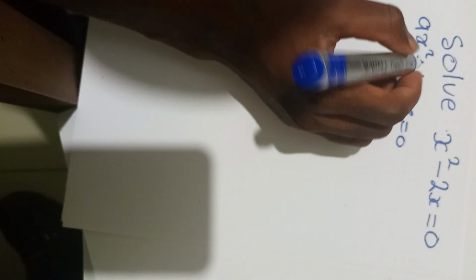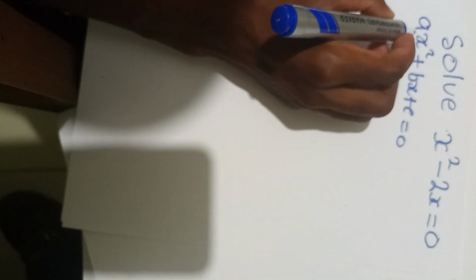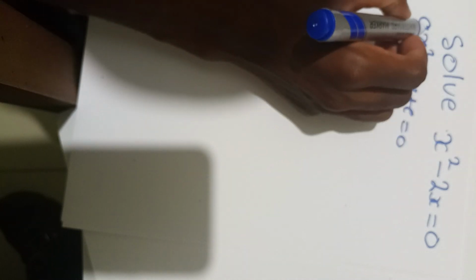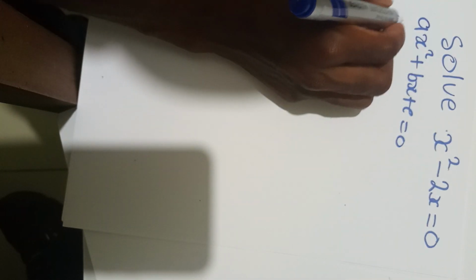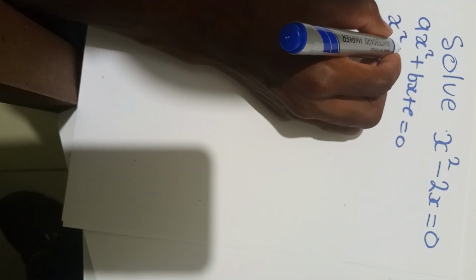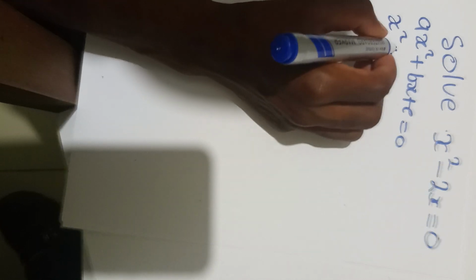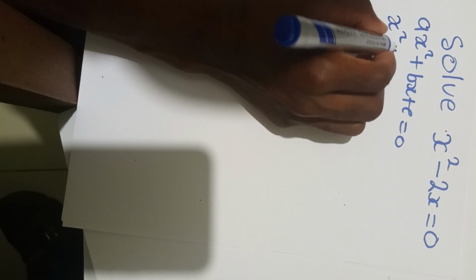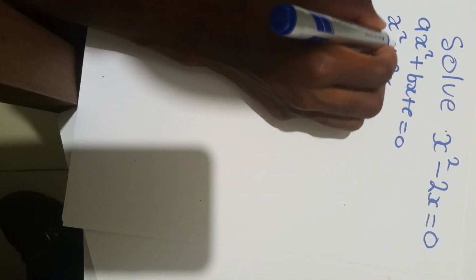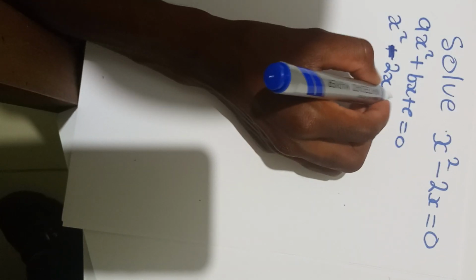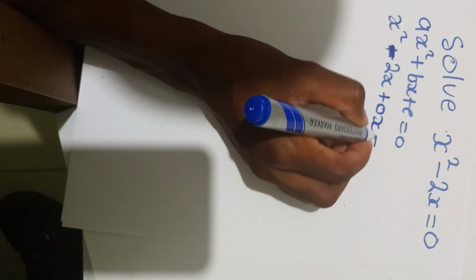Because our a here is 1, then our b here is -2, then our c is 0. So it's like we have x squared minus 2x, then plus 0x is equal to 0.